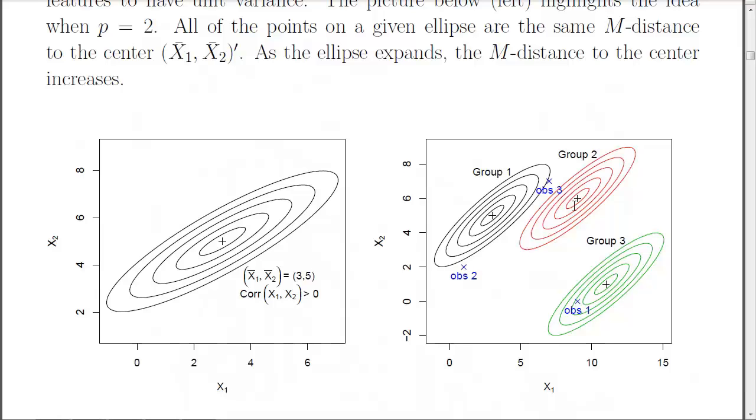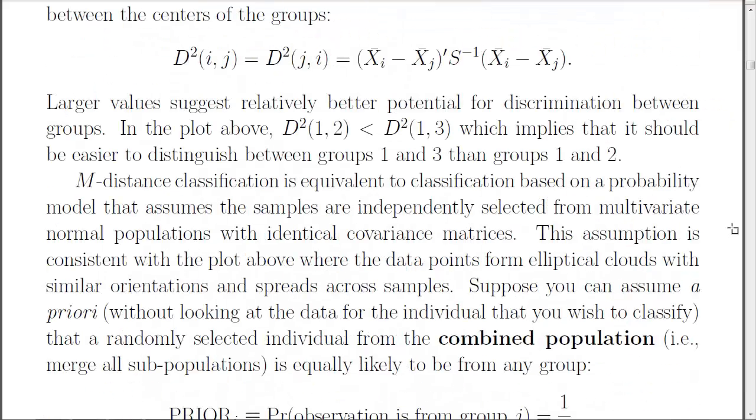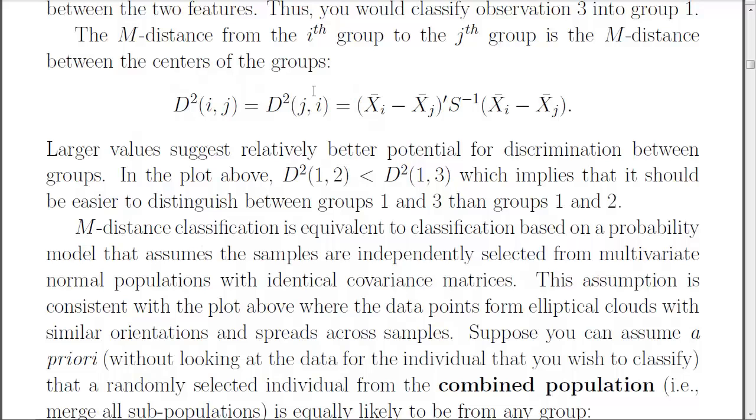So these two plus signs, how far are those, the centers for those two groups? So we can just simply plug in i and j, and the order doesn't matter. The distance from i to j is the same as from j to i, and we would just plug everything in the same way. And we can ask, basically, how well are we likely to discriminate between pairs of groups?